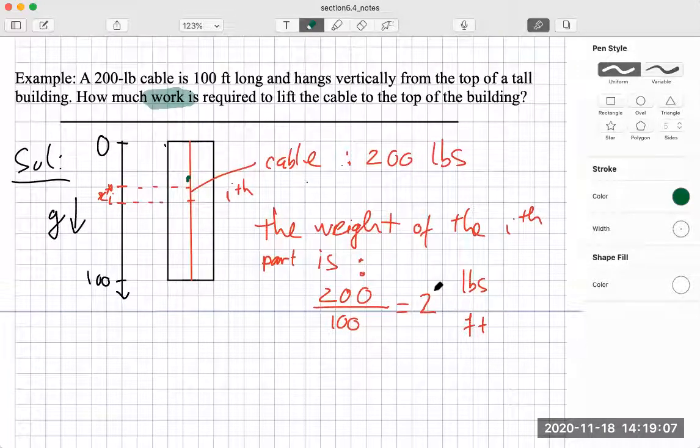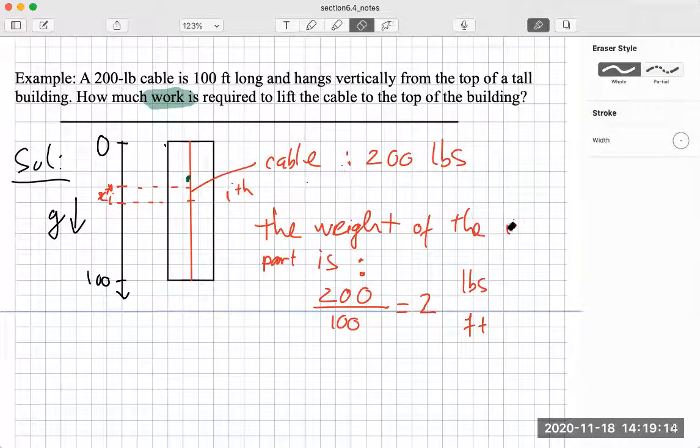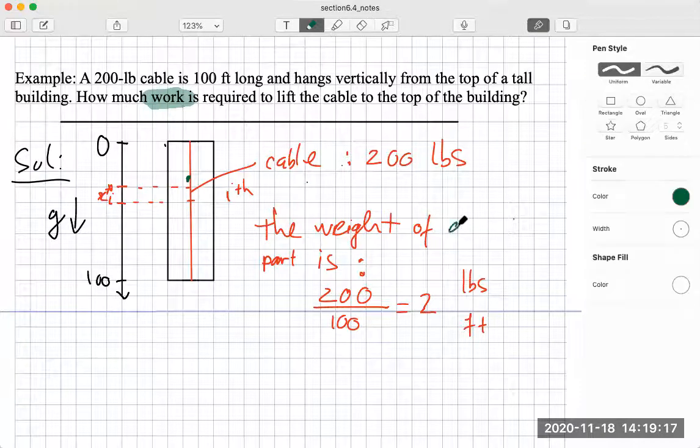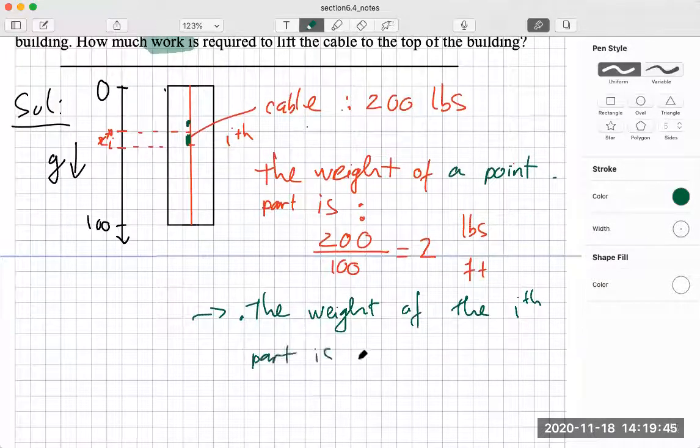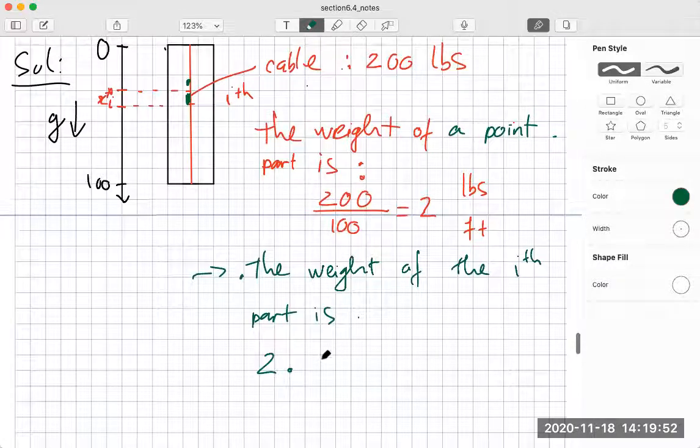So therefore, let us find the weight of the cable in this interval. It will be 2 times delta xi.